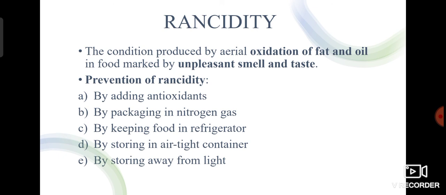And oxidation of fat and oil present in your food item leads to a very bad smell and unpleasant taste. So if the food turns rancid, then you won't be able to consume it because of the unpleasant smell and taste.